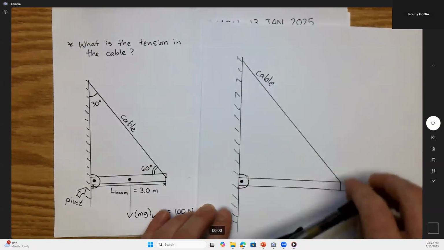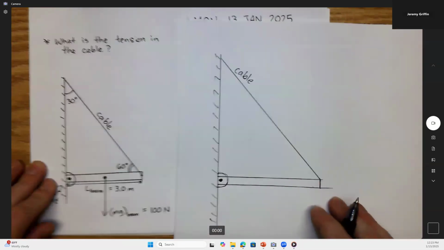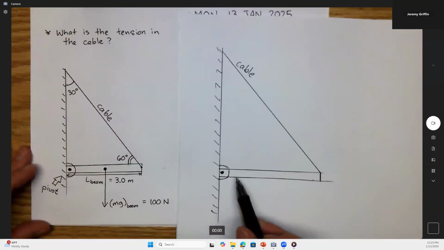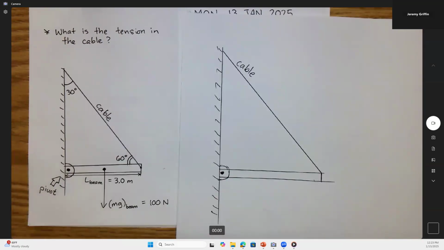So if the cable wasn't there, it would just fall down. Okay. How about the weight of this beam? Guys, is the weight of the beam distributed over the entire length of the beam? Yeah, it is. Now, when I eventually make an equation to solve this, is it okay to make believe that the entire weight is at a single point at the center of mass of the beam and then treat it mathematically that way?